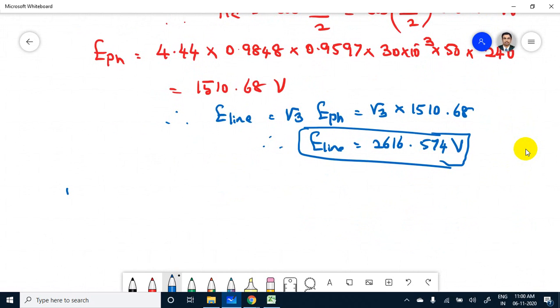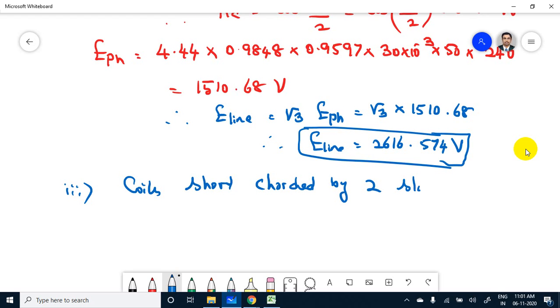And the third subdivision will be coils are short pitched by two slots. Short pitched by two slots, we know that short pitched means alpha equal to beta for one slot.